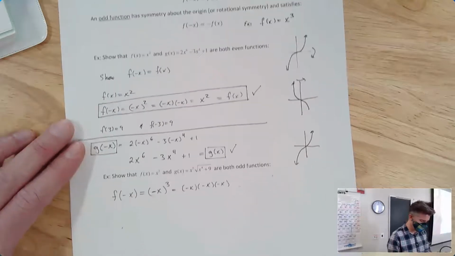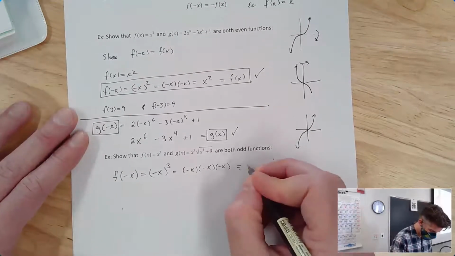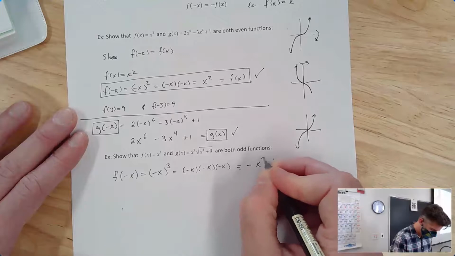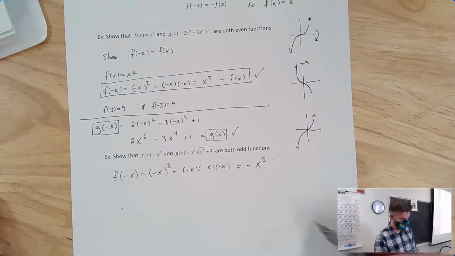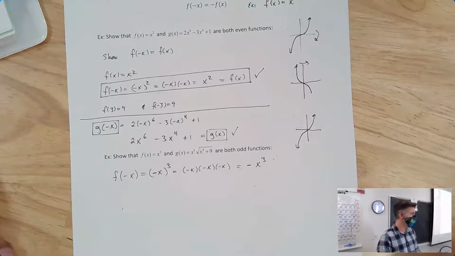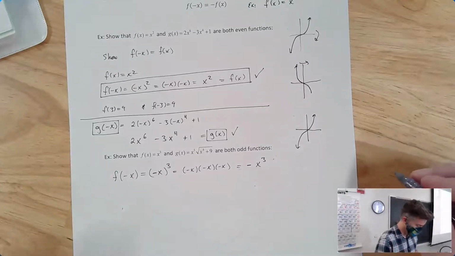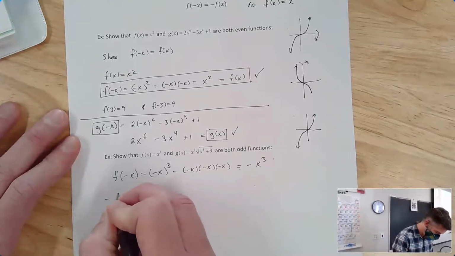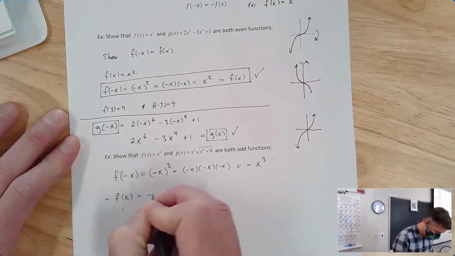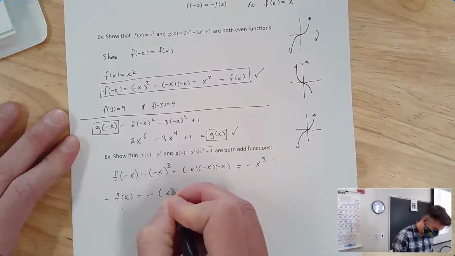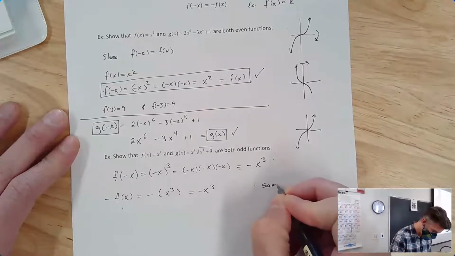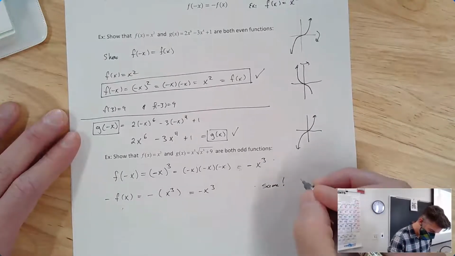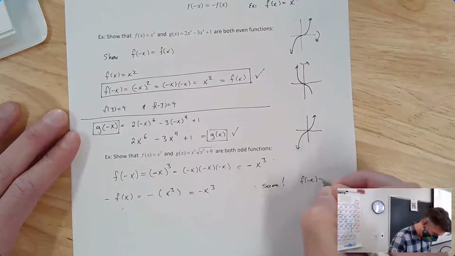Negative x times negative x times negative x is negative x cubed. And at this point, you might just be able to say, hey, that is definitely equal to negative f of x. But another thing you could do instead is also just write it down. Negative f of x is negative x cubed. And oh yeah, those are the same. So we can say that f of negative x equals negative f of x.